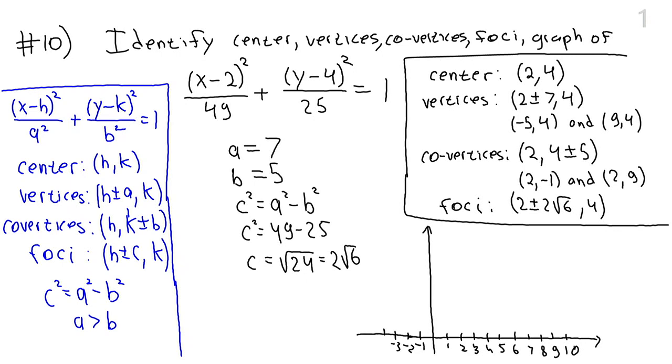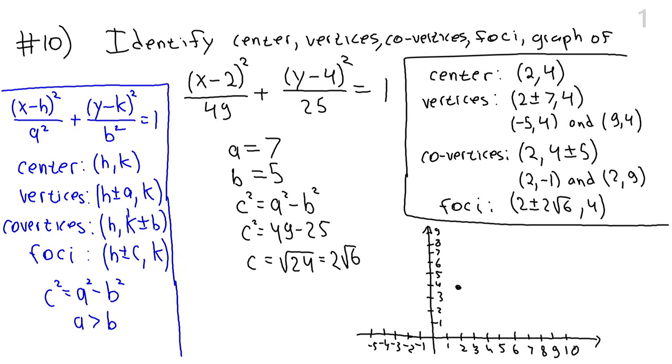So in this case, the center is 2 comma 4. So 2 comma 4 is the first thing that we're going to put. It's not part of the ellipse, but it is going to help us orient our graph.